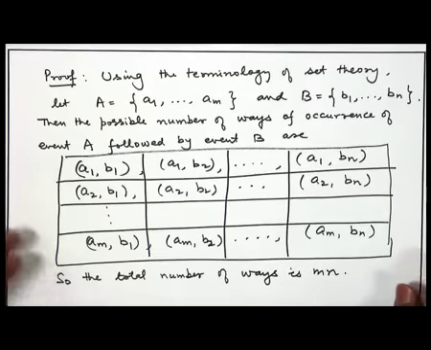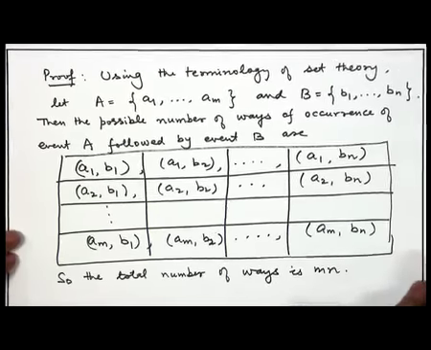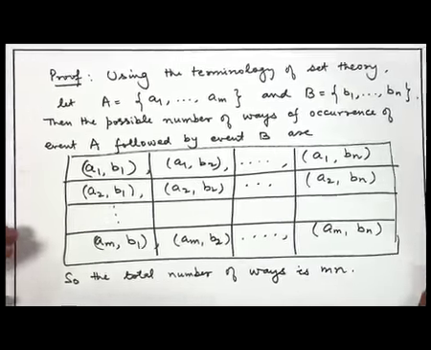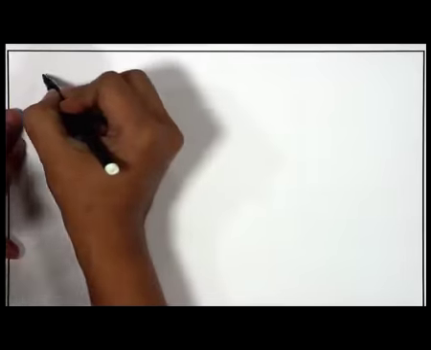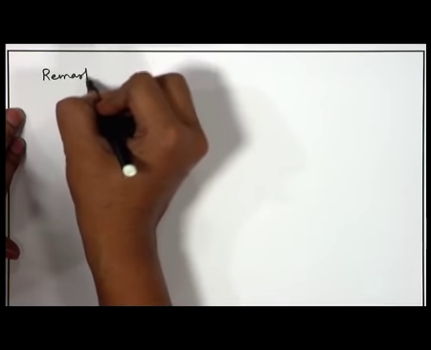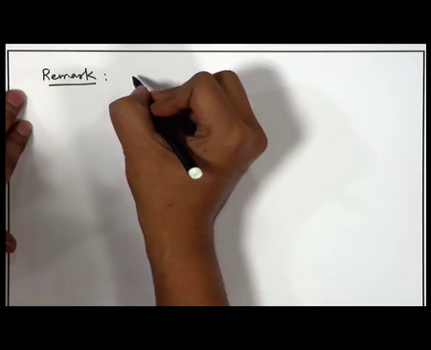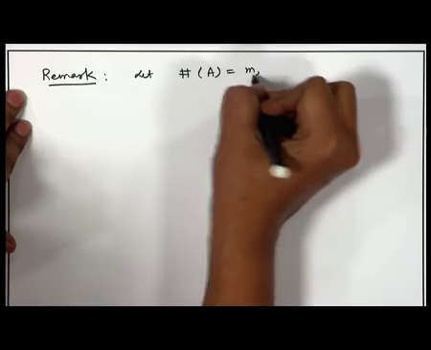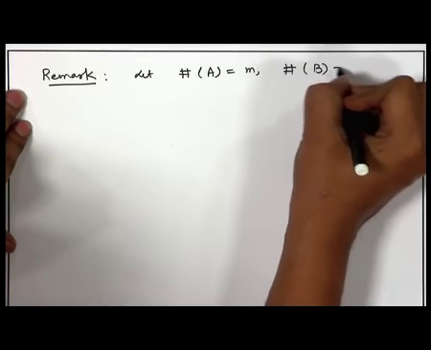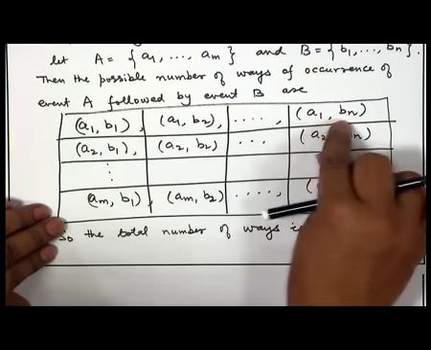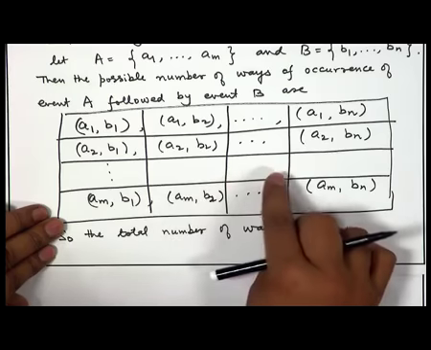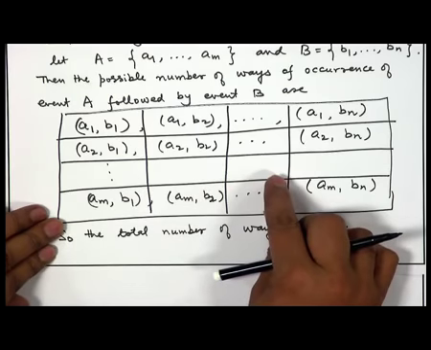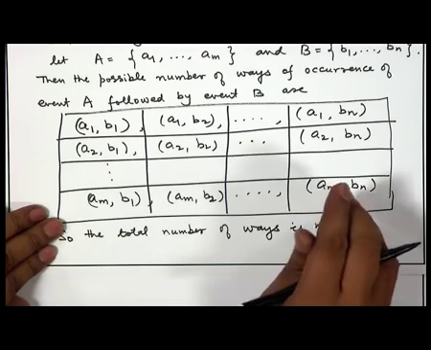Once again we can write the formula using the cardinality principle here. Let cardinality of A be m, the cardinality of B be n. Then what are these elements? Actually A1 B1, A1 B2 and so on. These can be considered as elements of the Cartesian product A cross B. Okay.